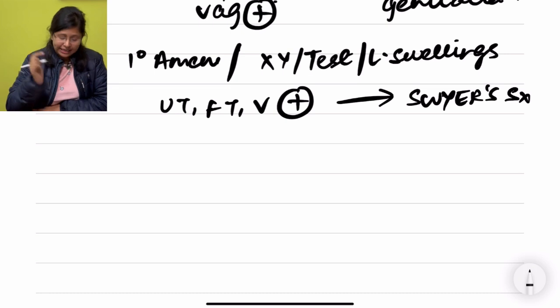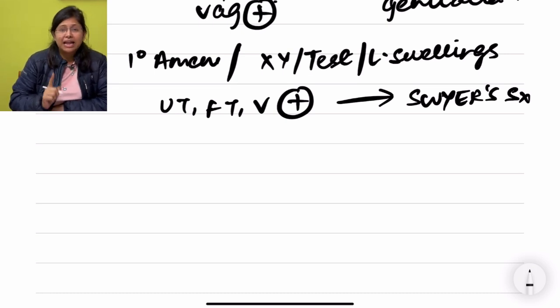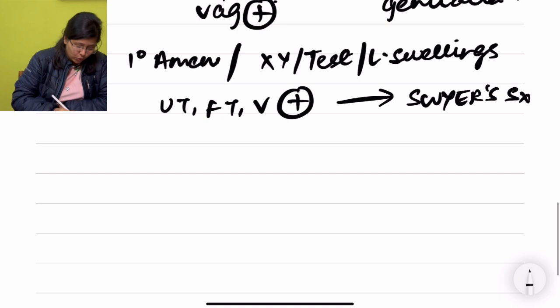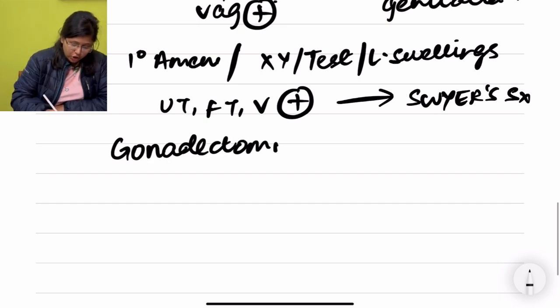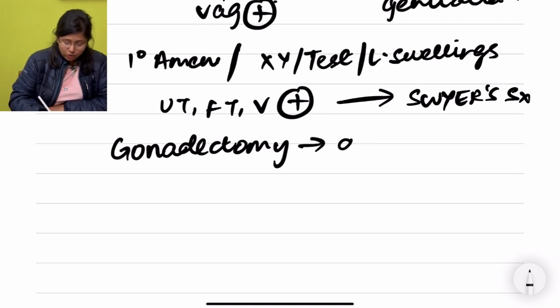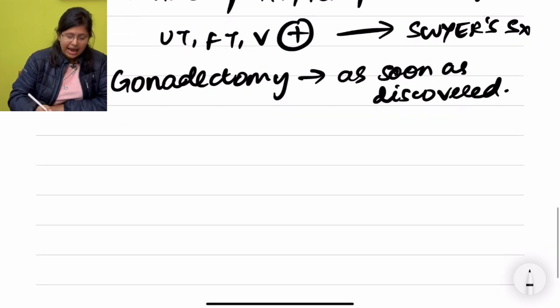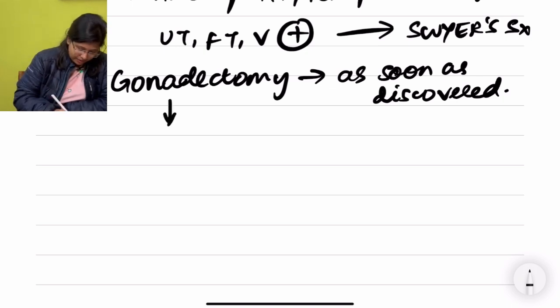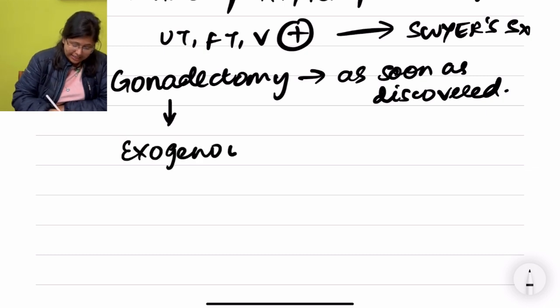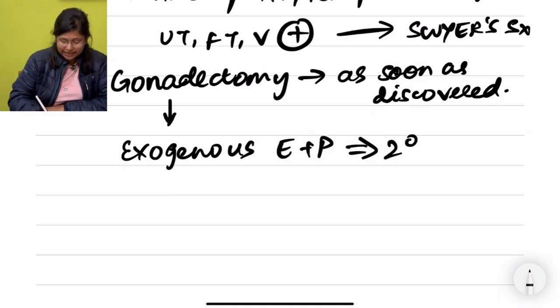In this case, the first thing, whenever you find ectopic testes, you have to do a gonadectomy because there is a chance of formation of a tumor. So you will do a gonadectomy as soon as it is discovered. The other thing you will do is give exogenous hormones like estrogen and progesterone for development of the secondary sexual characteristics.